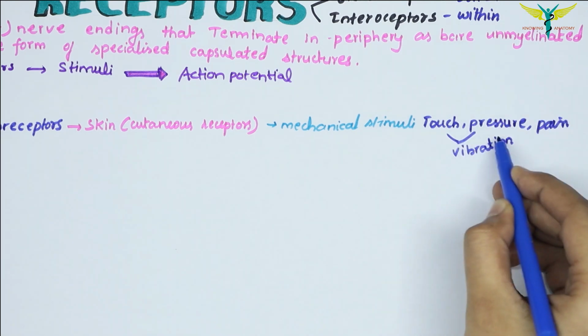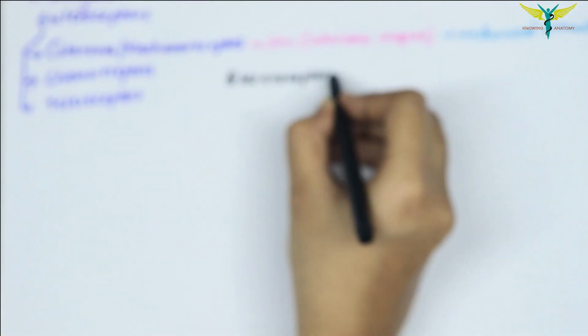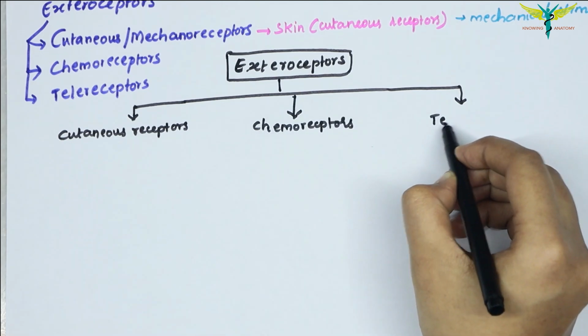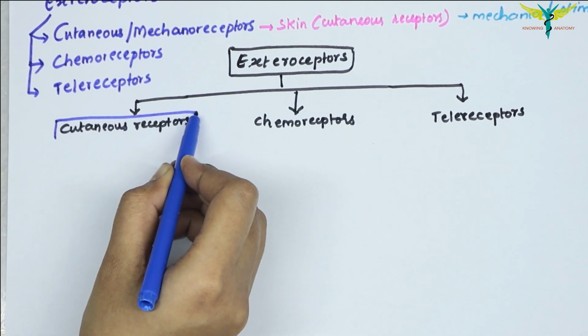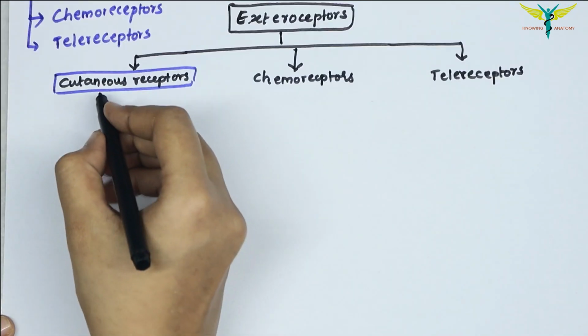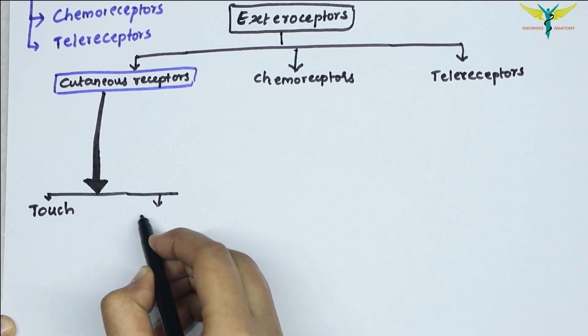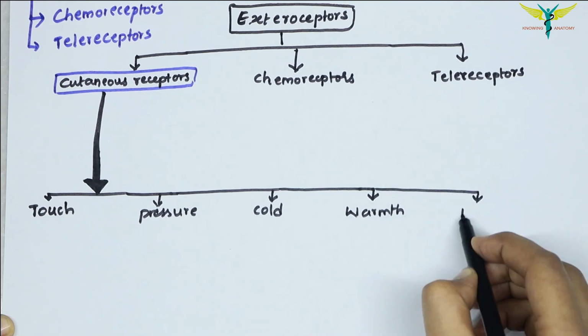So now let's learn about the different types of the cutaneous or mechanoreceptors. Let's draw a flowchart for the exteroceptors. The exteroceptors are grouped into three groups: the cutaneous, the chemoreceptors and the telereceptors. Now let's discuss the cutaneous receptors. These cutaneous receptors are of touch, pressure, cold, warmth and pain.